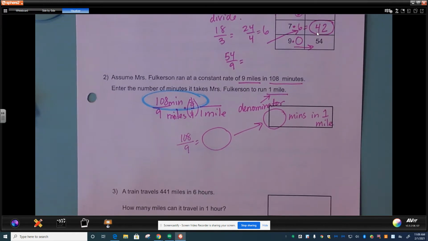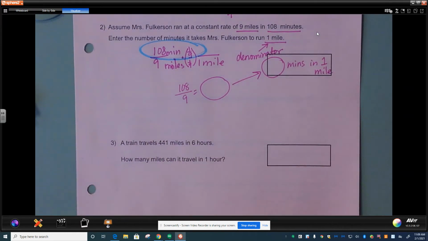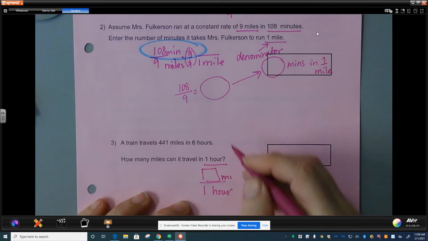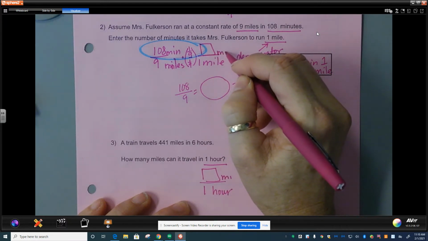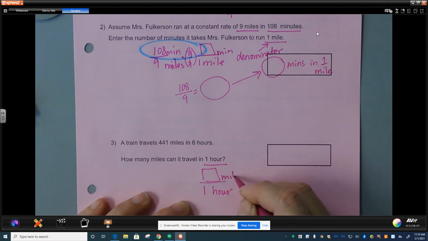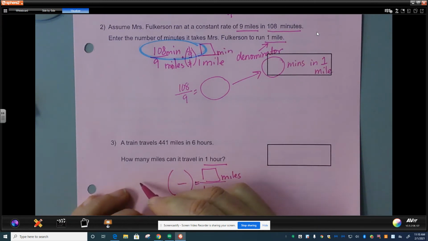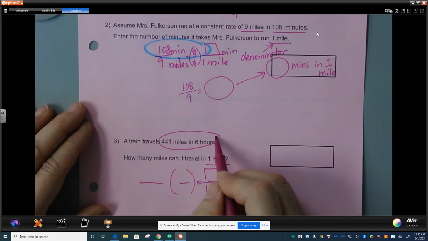A train is traveling 441 miles in 6 hours. How far in 1 hour? Well, that means you need 1 on the bottom, your denominator. We don't know how many miles up here. Which means we take our original ratio.